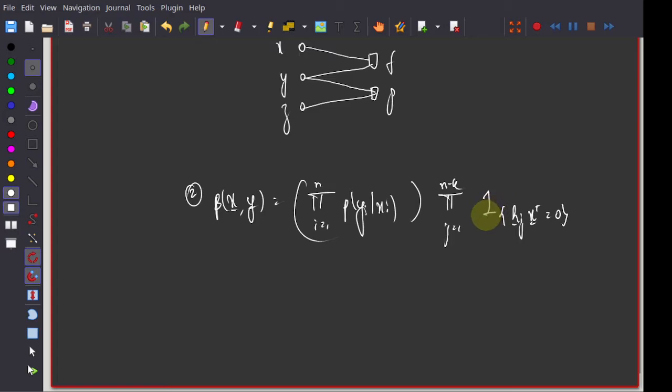How many local functions do we have? How many? 2n minus k? n minus k? Okay, what about these? So n minus k plus n, which is 2n minus k.